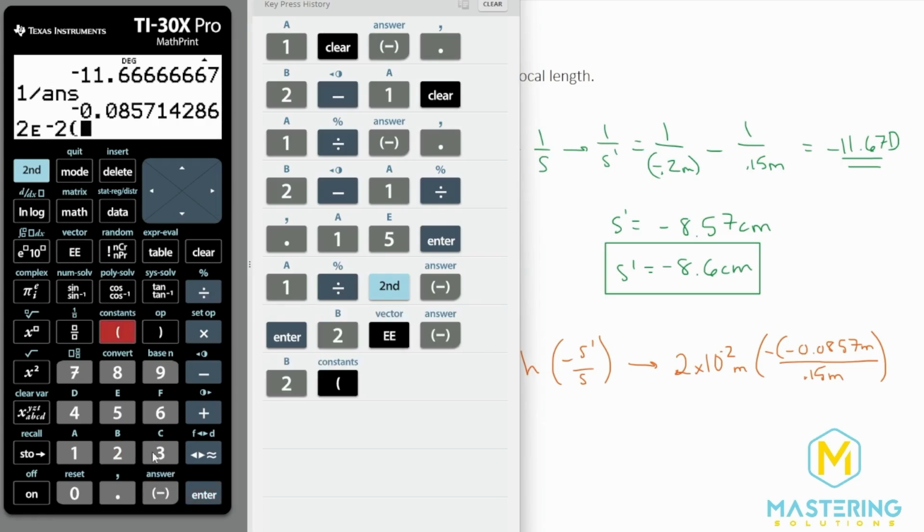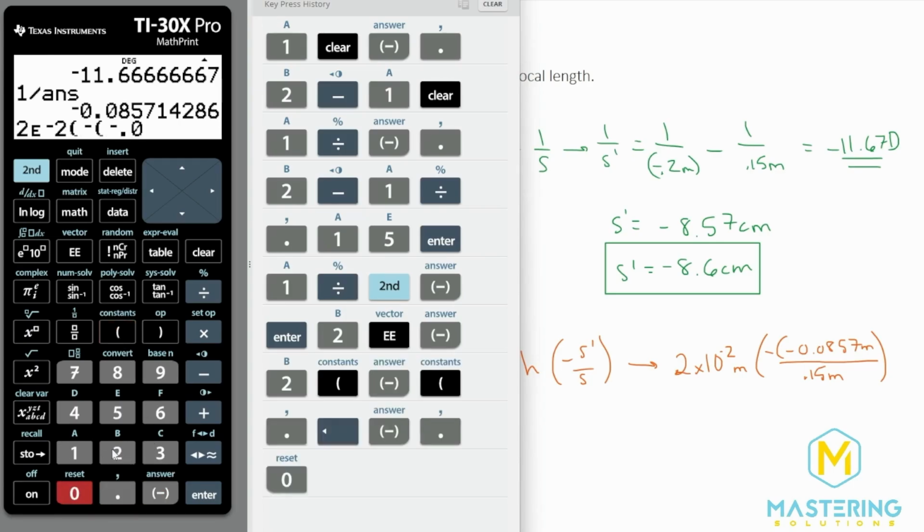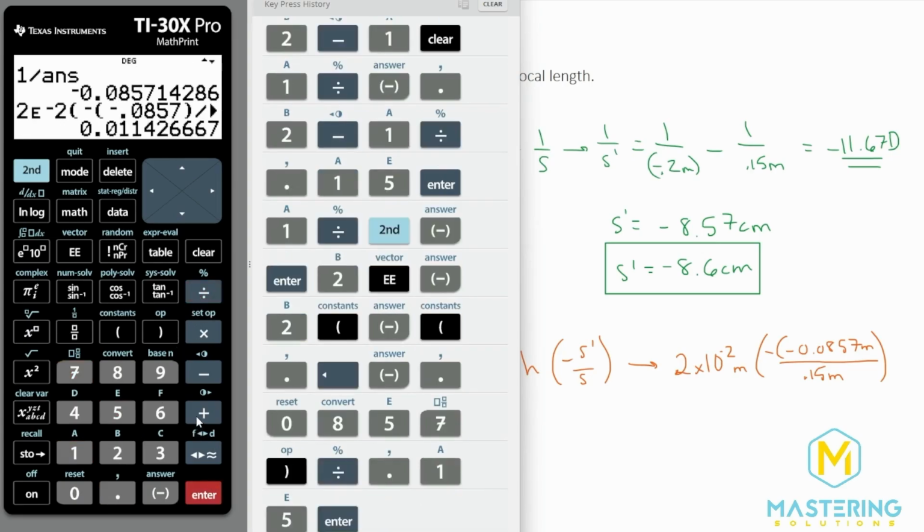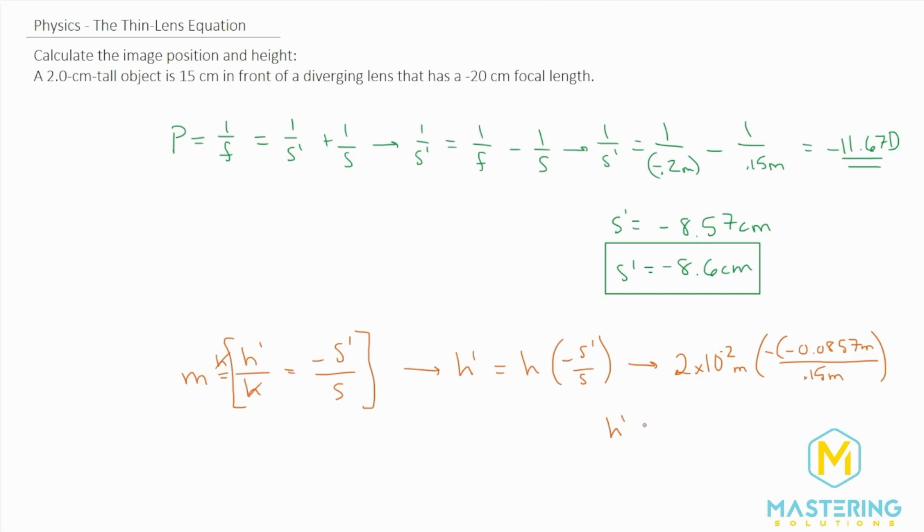So h prime, the image height, is equal to 1.14 centimeters.